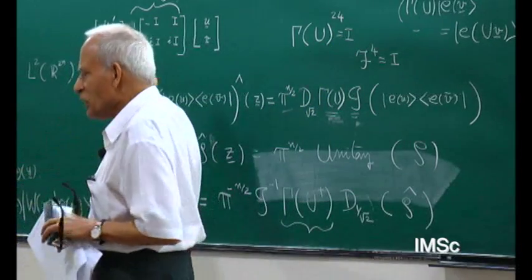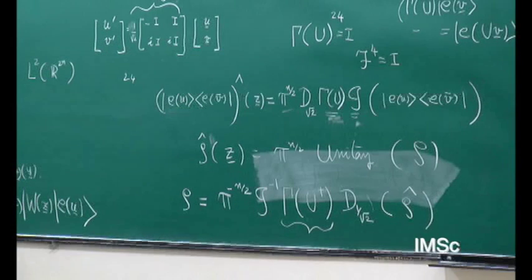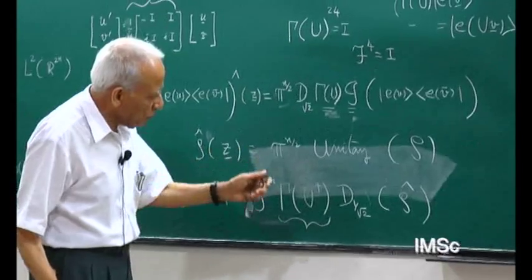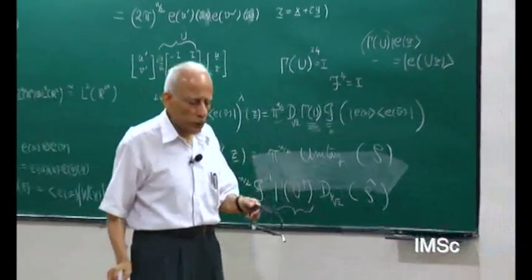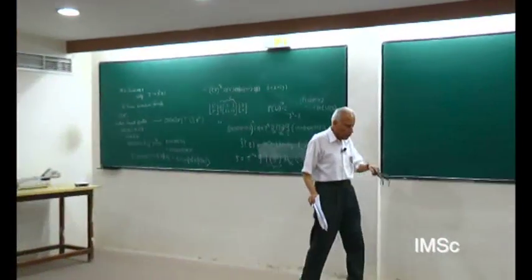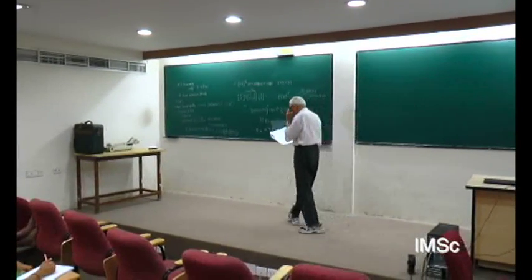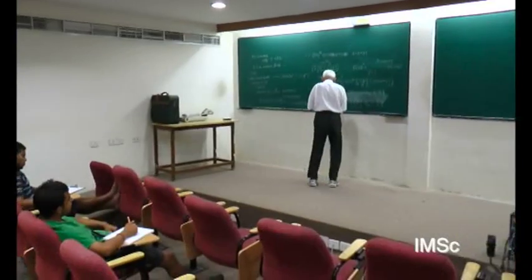So with this difference, the quantum Fourier inversion tells you essentially that the quantum Fourier transform is the second quantization of a unitary operator whose 24th power is identity. So that is an interesting point of analysis here.